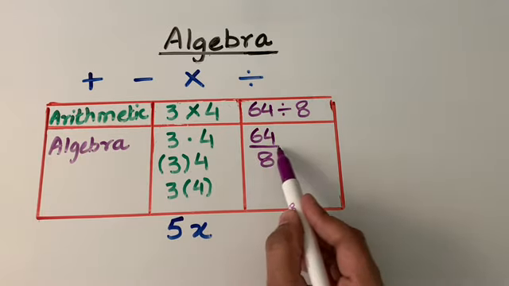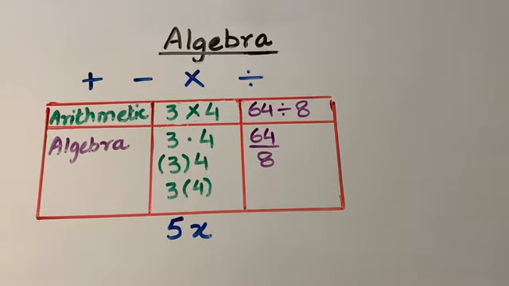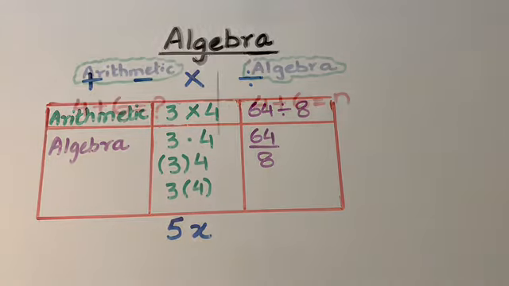So we use this sign for division in algebra. These were the minor differences of multiplication and division in algebra from arithmetic. The rest of the rules of arithmetic and algebra are the same.